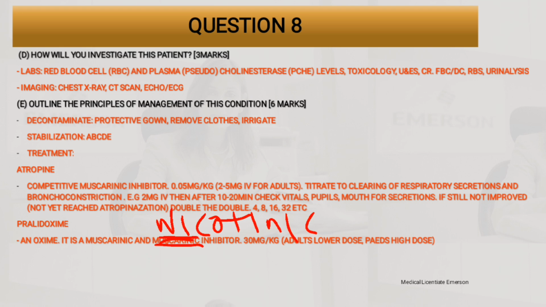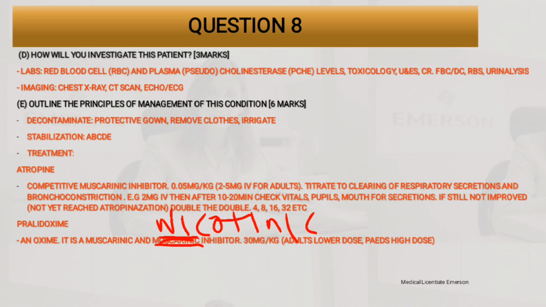Because there are some organophosphate substances that like to hide in fats, and after you have given your atropinization, if the patient is not on a maintenance of about 20 to 50% of the atropinization dosage, then they might go back into the OPP effects.